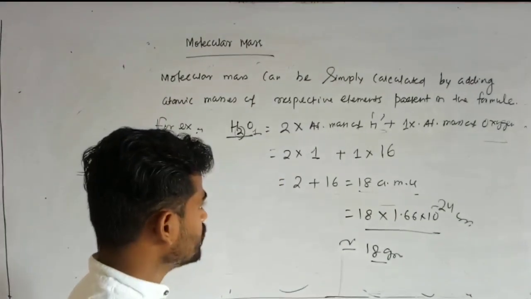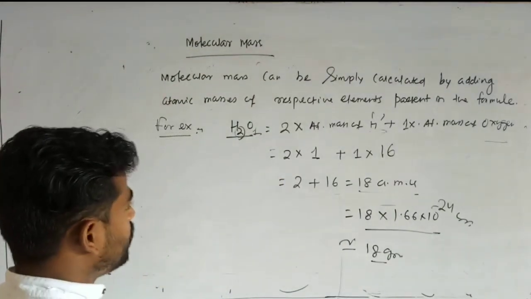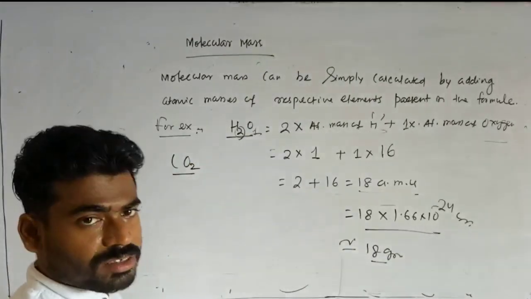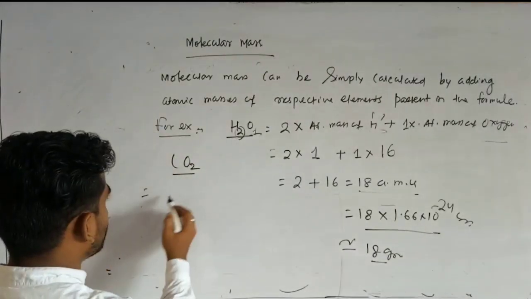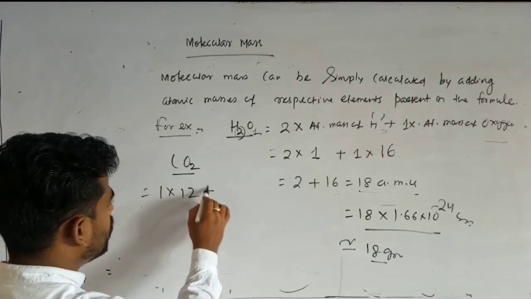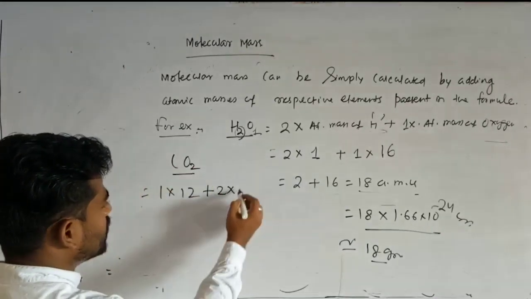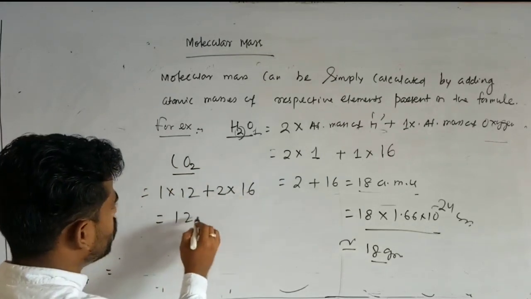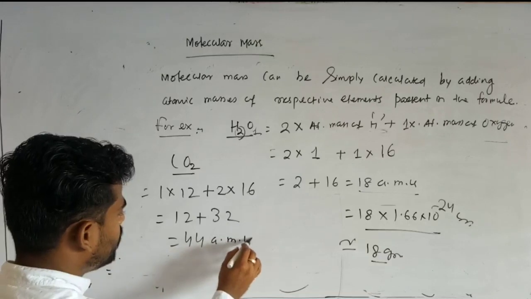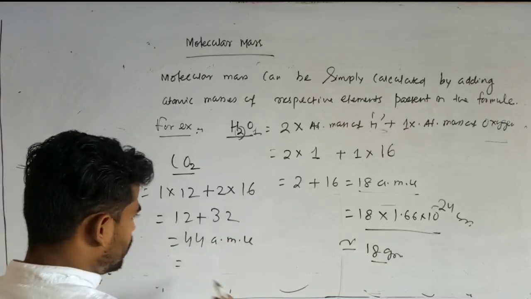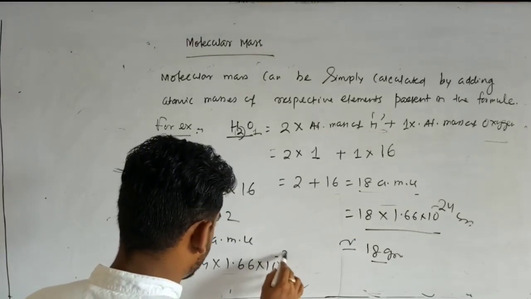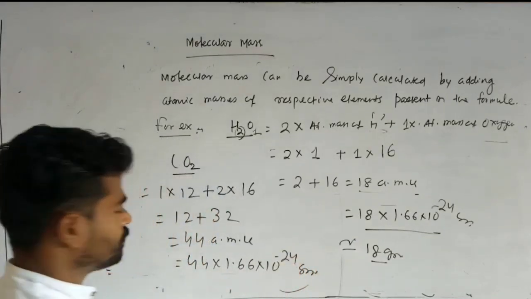Okay, next, if I ask you to calculate the molecular mass of carbon dioxide, that will be equal to, for one carbon atom, 1 into the atomic mass of carbon, which is 12, plus 2 into the atomic mass of oxygen, which is 16, so this will be 12 plus 32 that is equal to 44 AMU, or you can say 44 into 1.66 into 10 to the power minus 24 gram.